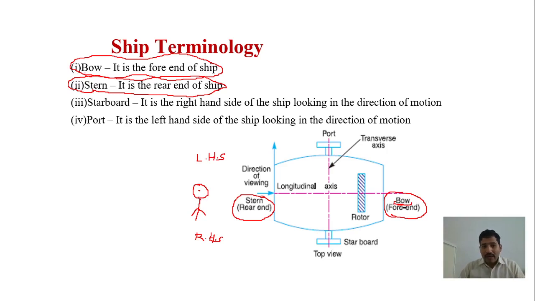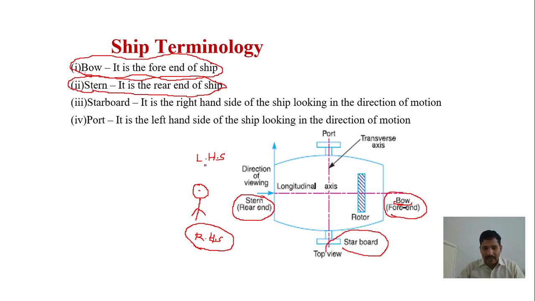If the observer looks at the ship from the rear, the right hand side of the ship, looking in the direction of motion, we can say is starboard.